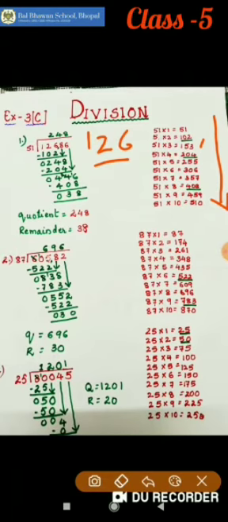So first we will take 2. We will subtract 102 from 126 and we get the answer 24. Then we will bring down this 8 down and the number has become 248. Now we will search for a number in the table such that we get a number which is equal or smaller than 248.